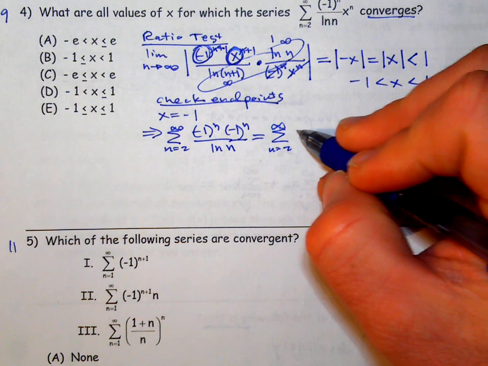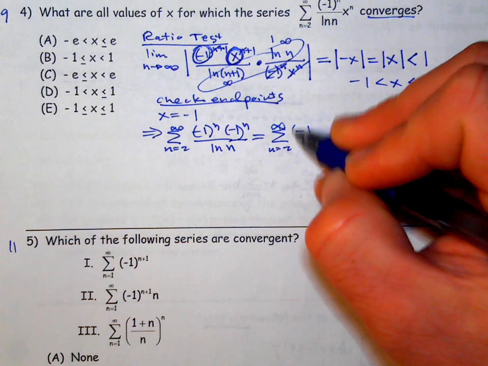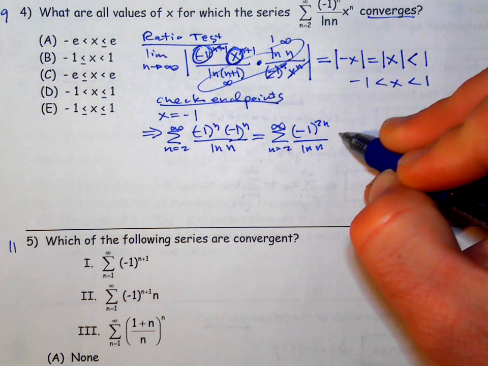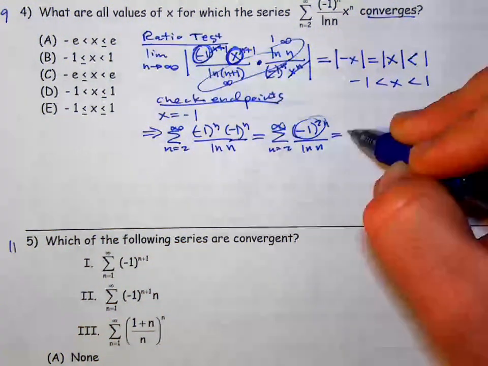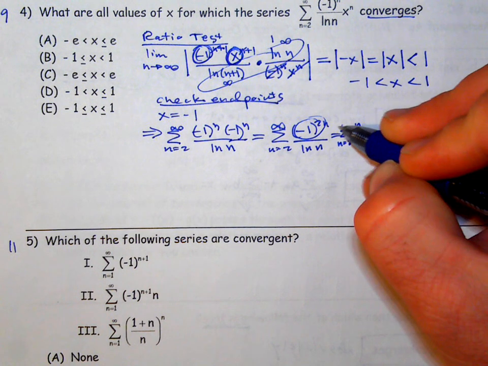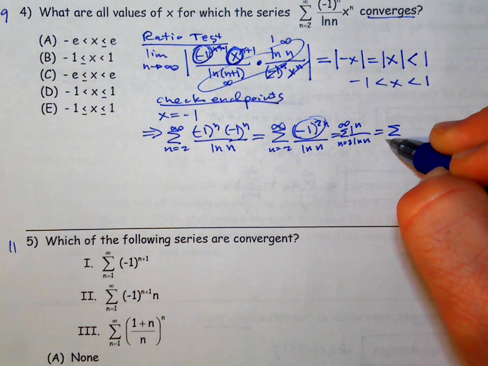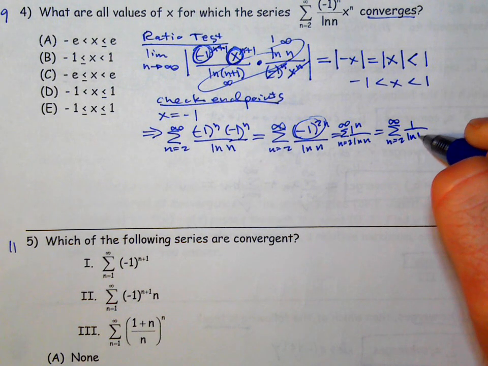This is (-1)^n times (-1)^(n+1)... so this is (-1)^(2n), and you could then do (-1)^2 to the n. So it's just going to be 1 over the natural log of n.